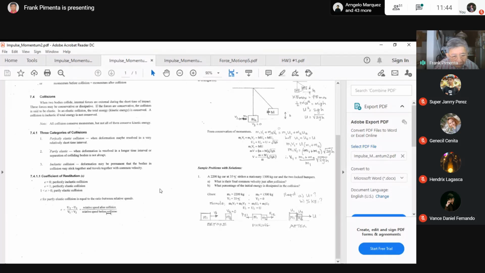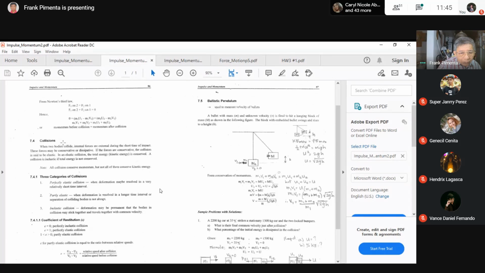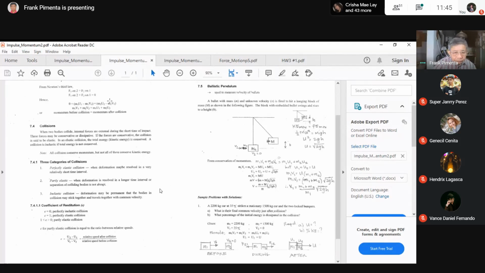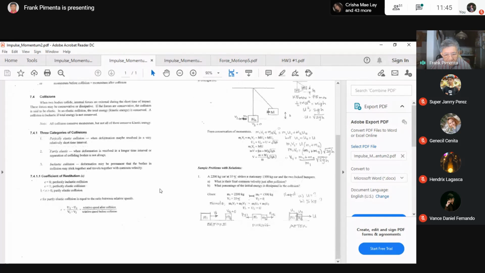So we cannot use this formula. We will use the conservation of momentum formula: m1v1 plus m2v2 equals m1u1 plus m2u2. So this is the formula.